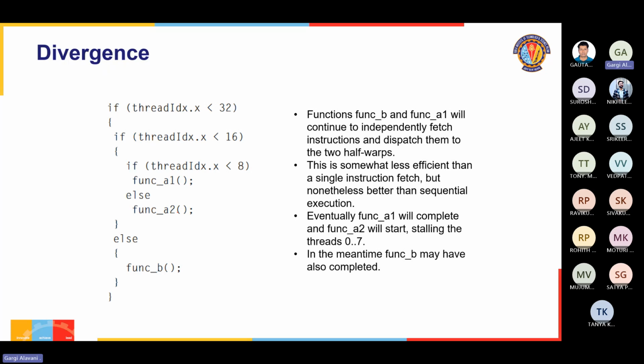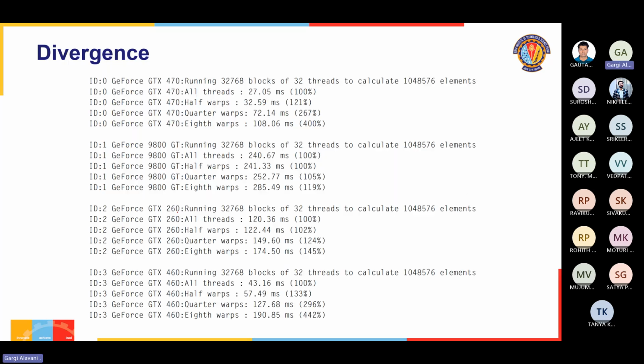But this is inefficient because a single instruction fetch will not happen for a particular warp. The rest of the warp will have to wait. So we will see what the results look like.